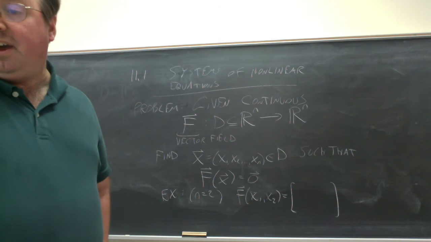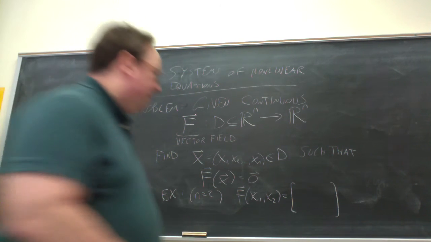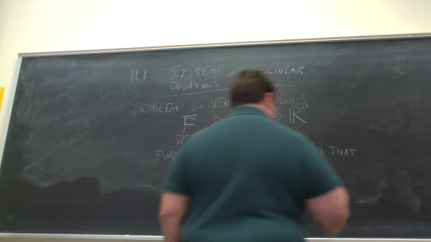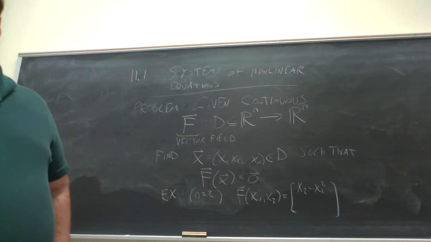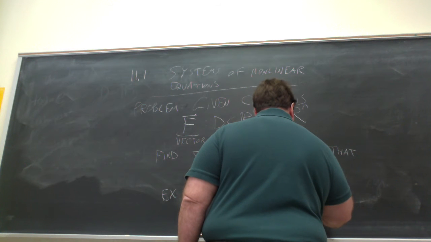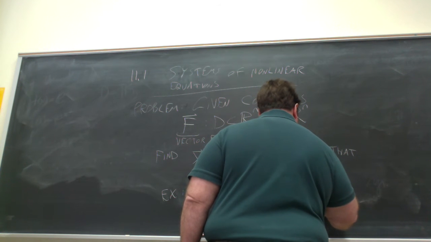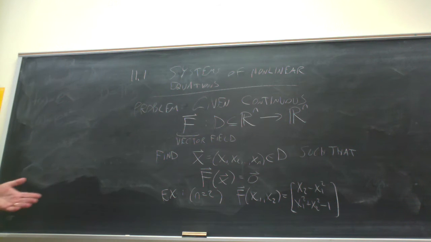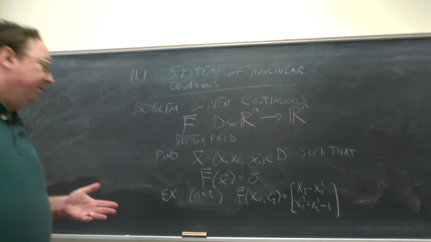So that would be x2 minus x1 squared for the first component, and the other component would be x1 squared plus x2 squared minus 1. So we want to find where this function is equal to 0.